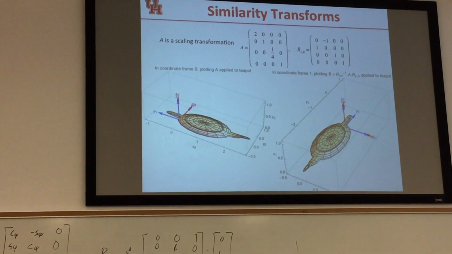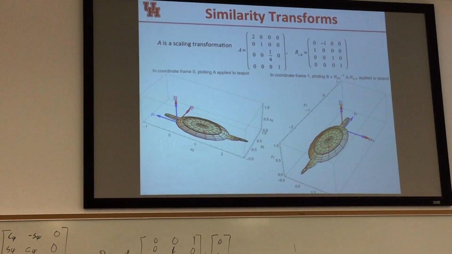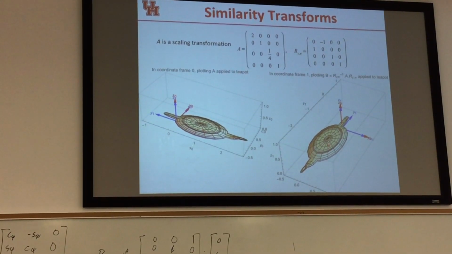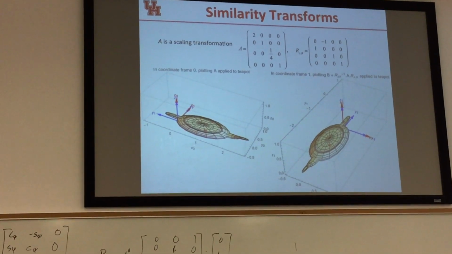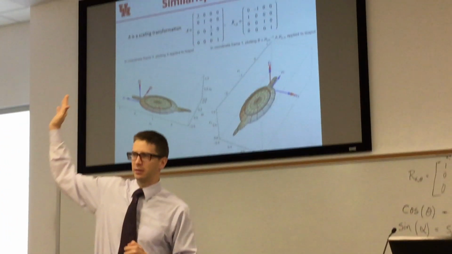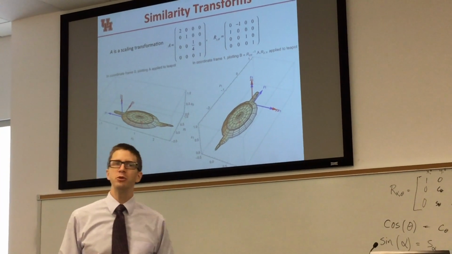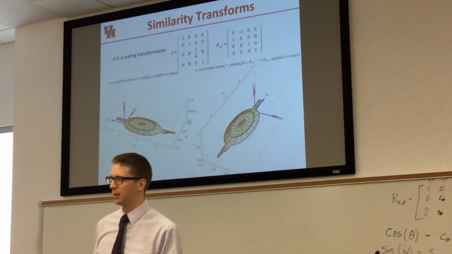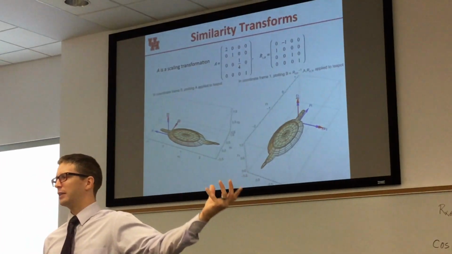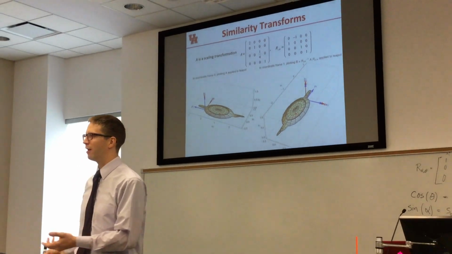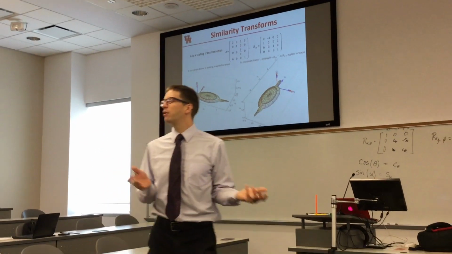And how we do this is what's called a similarity transform. And those of you who have taken Laplace, how many of you took signals and systems? All right. So it's the same trick that we do in signals and systems. I've got this beautiful transformation that I want to apply in coordinate frame 1, but I'm not in coordinate frame 1. I'm in coordinate frame 0.